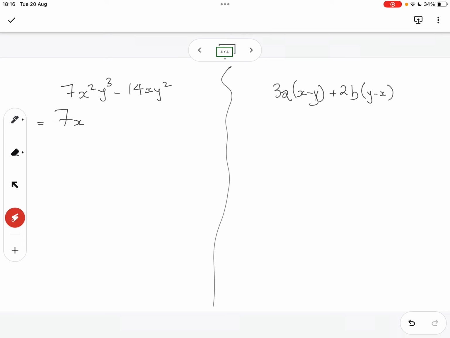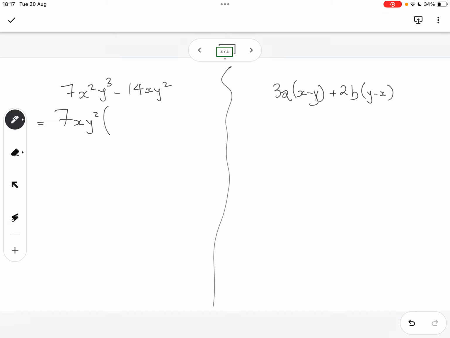So what would the highest common factor for y cubed and y squared be? Y squared.